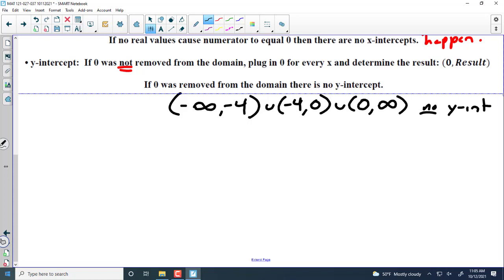What would cause this to happen? This would happen if you had a denominator like this. This is the kind of denominator that would give you that domain because you'd have to kick out 0 and negative 4.